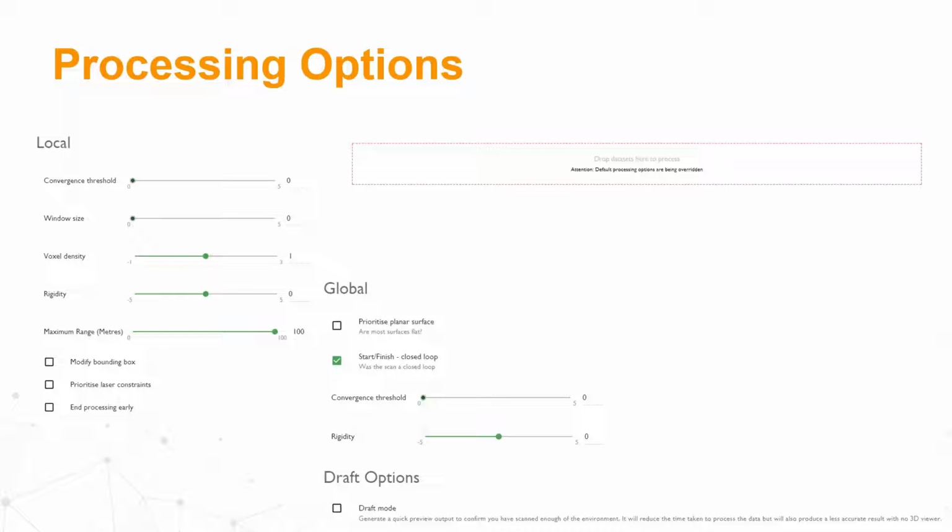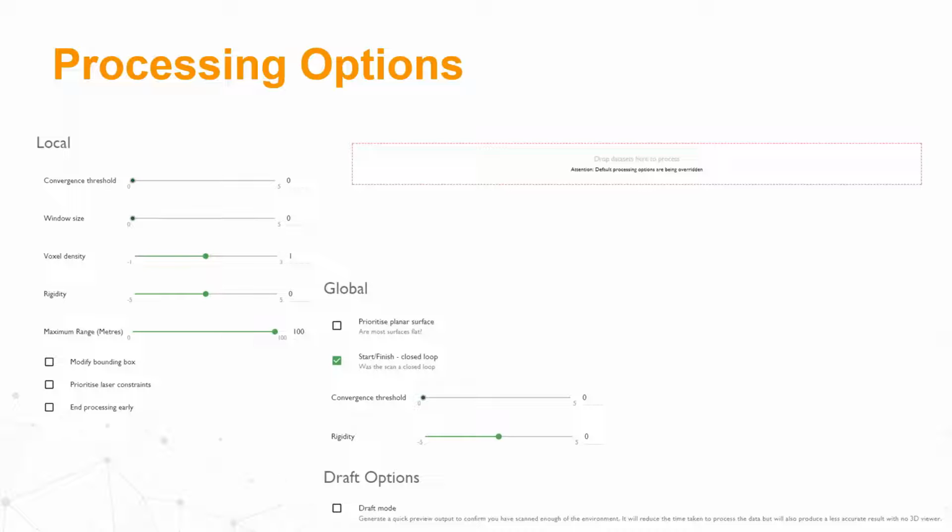So if you know that you're capturing tight spaces and they are quite narrow and the default bounding box around the person is not the best one to be used, that is something you can change in your configuration, advanced options. And as a result, once the settings are changed in the drop-down menu, you will see that the default processing options are being overridden. More information is available on Academy.